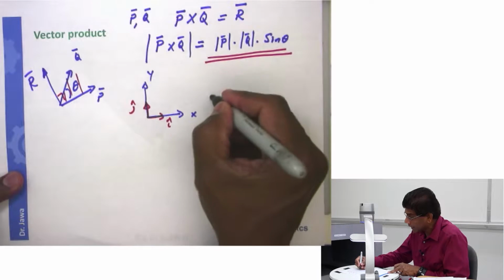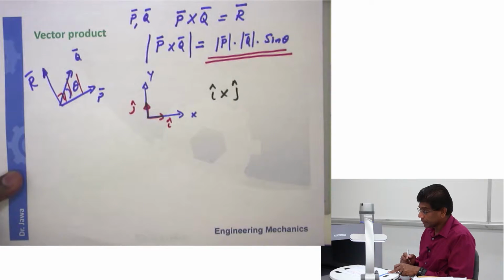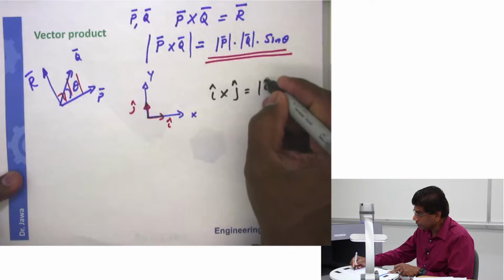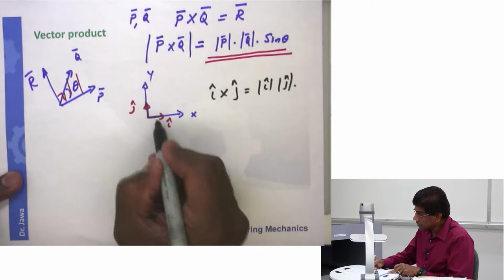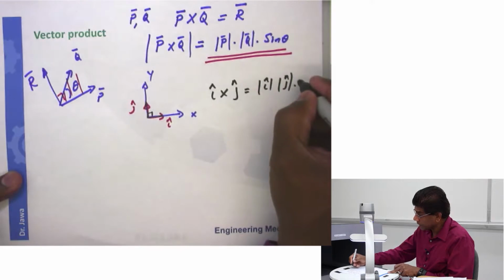Let's cross I and j. I cross j. And by definition, you will see it's the magnitude of I, magnitude of j, times the sine of the angle, sine 90 degrees, right? It's 90 degrees.